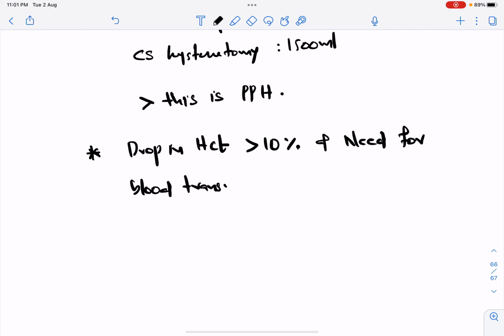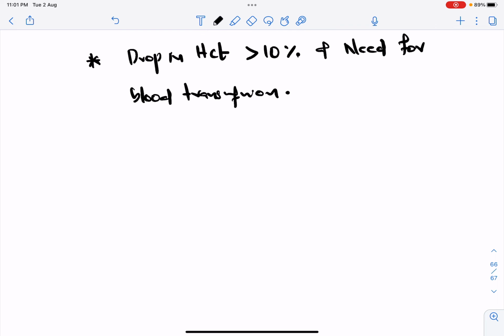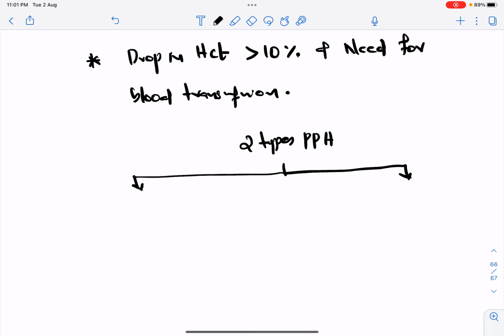This is also a definition of PPH. So basically, there are two types of PPH. We have primary and secondary PPH.